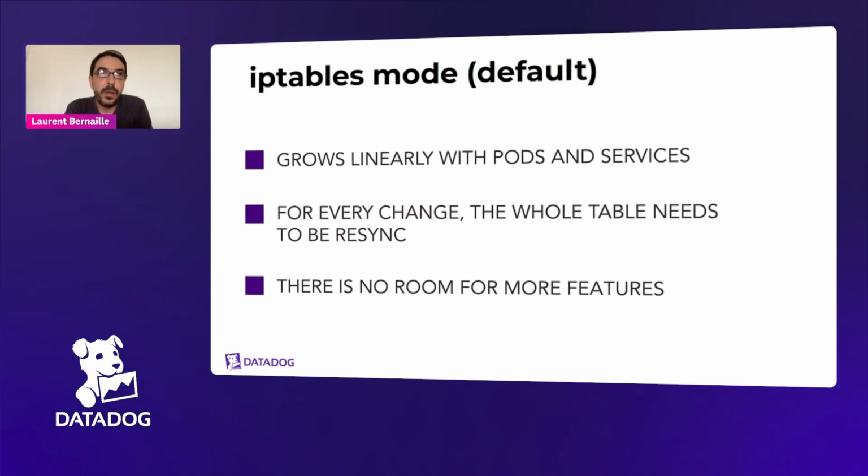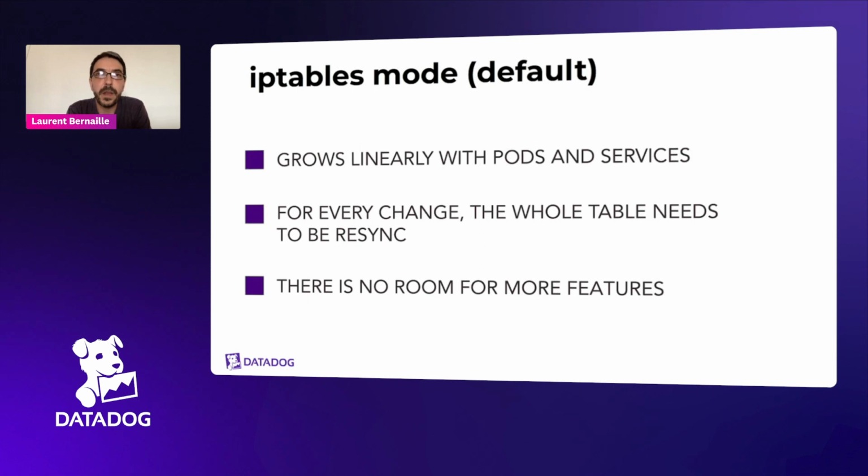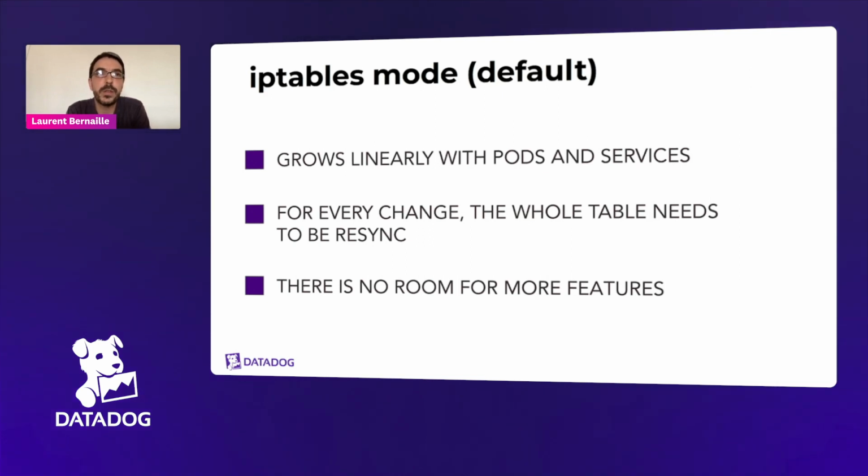Yes, I mean, the main challenge is as soon as you have a large number of services and endpoints backing the services, the size of your iptables rules is going to be very impressive. For instance, I remember at one point we had a cluster with about 1,000 nodes, which is quite a big cluster, but we knew we needed more.